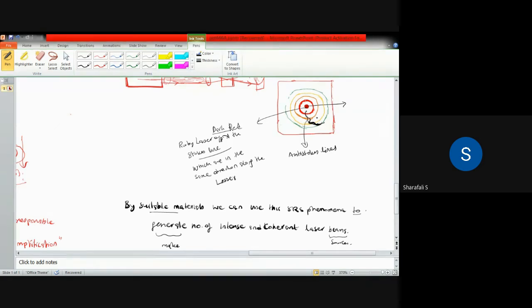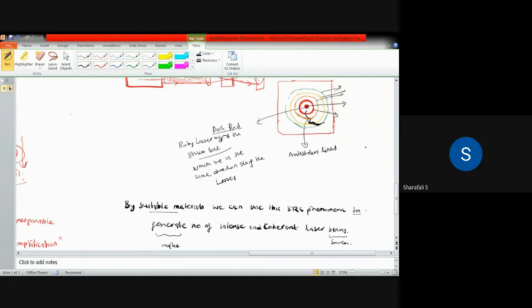All these lines are very intense, and all these lines can be used as different laser sources with different wavelengths. Okay. So that is possible by using this stimulated Raman scattering.